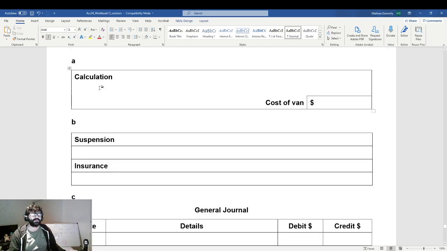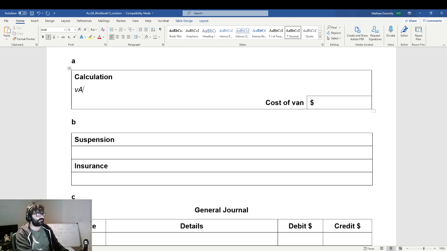Alright. And we're off. So we're going to do the cost of the van. Now, the cost of the van was $24,200 including GST. But that was only for the van and only including the $500 worth of on-road accessories. We've also got some additional add-ons.